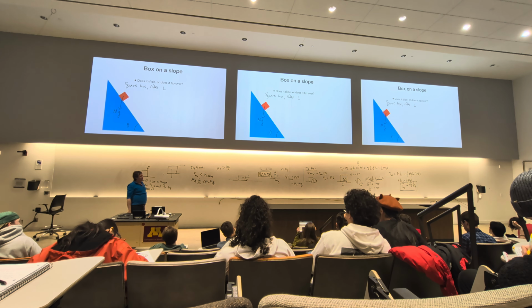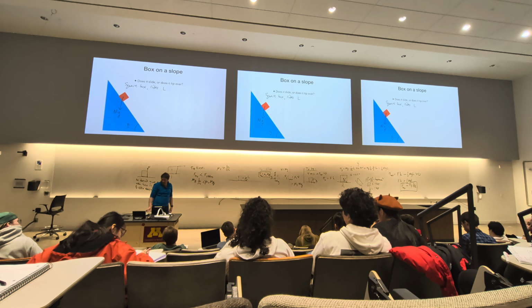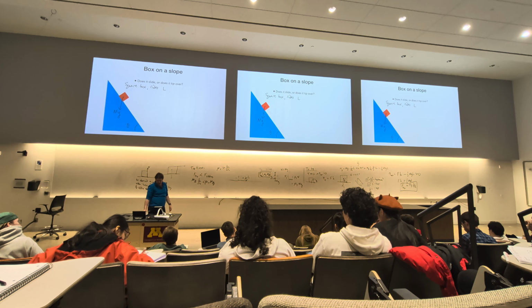And so the thing to realize is the only thing that could possibly make it tip over is gravity. I mean, maybe gravity somehow makes it tip over, but why? Well, the first thing that we can do is, let me do it in front of you.